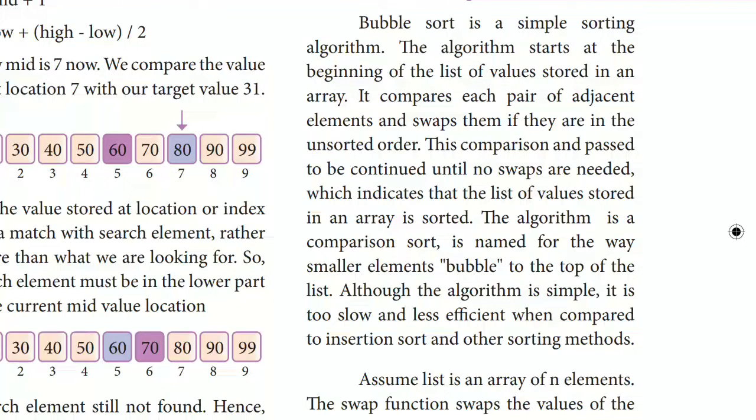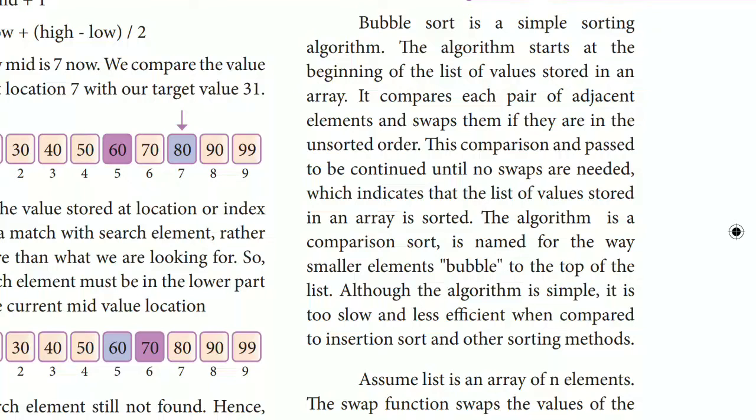When a bubble is formed inside the water, it automatically rises upwards and reaches the top. Likewise, here the smallest element will automatically come to the top of the list, the top of the array.